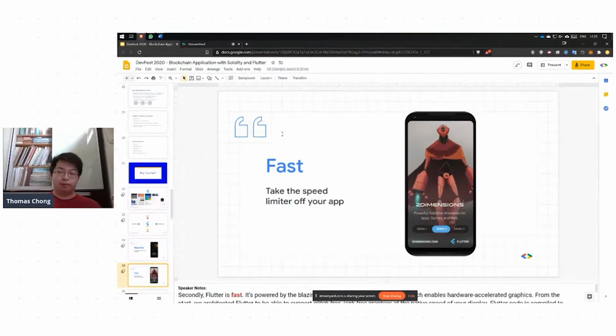And also talking about Flutter, it is multi-platform, so it can be deployed on iOS, Android, even web now, or even desktop apps. However, they didn't compromise on speed, because they are trying to make the speed similar to native apps.